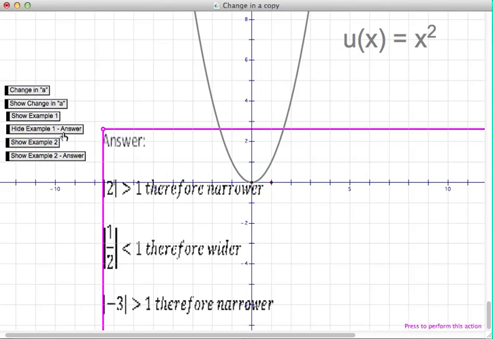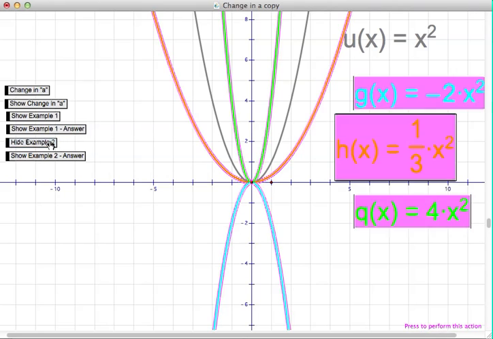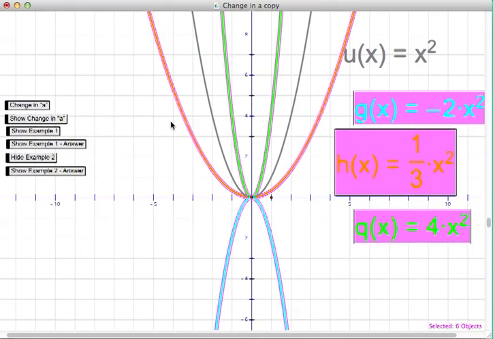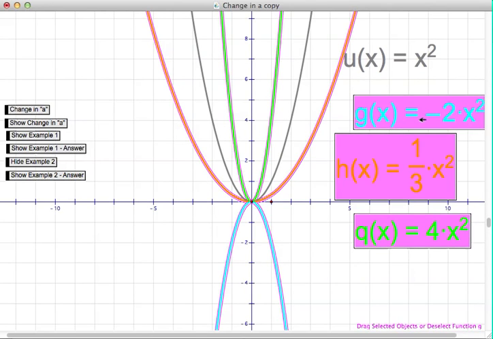Let's move on to the second example. We've got 3 graphs. You can see them on the screen there. We've got negative 2x squared. That's the one that's upside down, the frowny face, because it's negative. 1/3 x squared is less than 1, so you know it's got to be wider than a normal parent function, which is 1x squared.